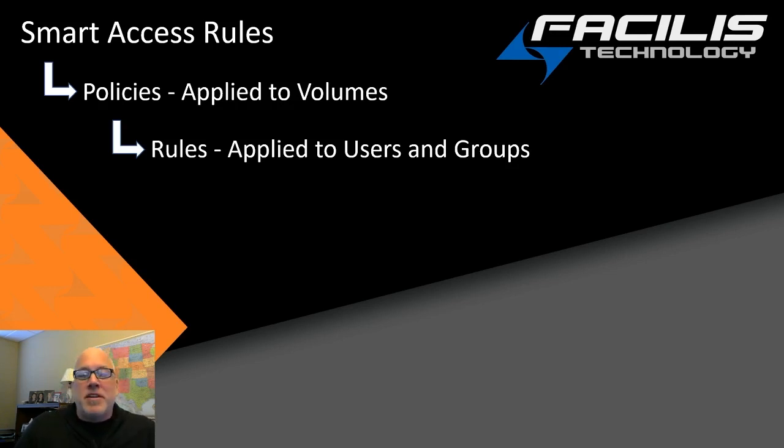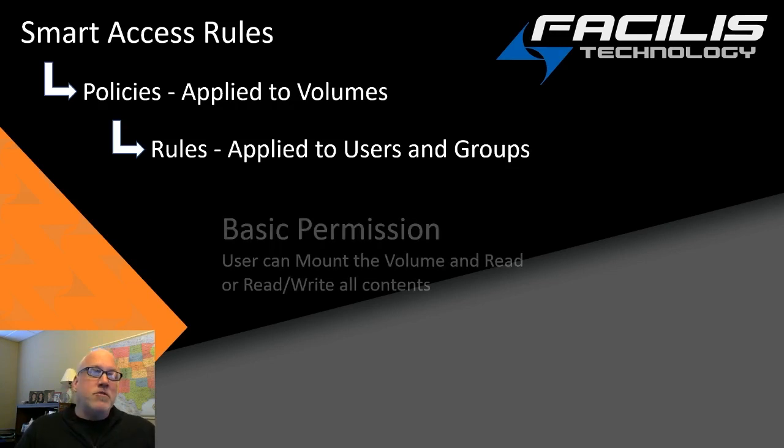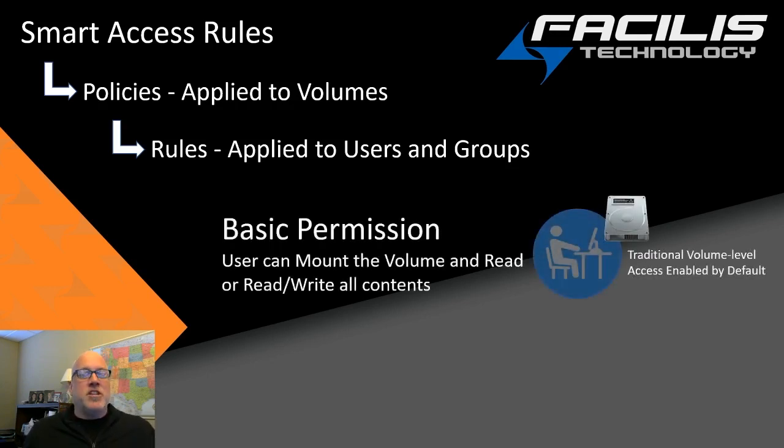If it sounds complicated to you and you're already a Facilis user who loves the idea of the basic permission set that we have, where it's read-only, read-write, or no access on a per-volume basis, keep doing that in 8.1, no problem. But if you want to get into a little more granular aspect of file and folder permissioning or access rules, or you want to have one volume that contains multiple projects, or make use of any of the other cool features in 8.1 Smart Access Rules, then it's an optional thing.